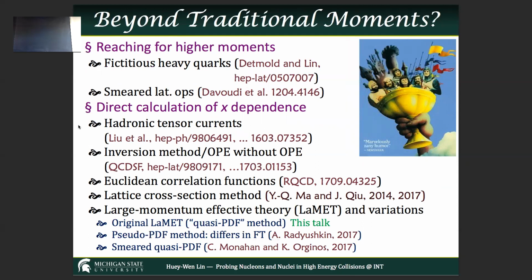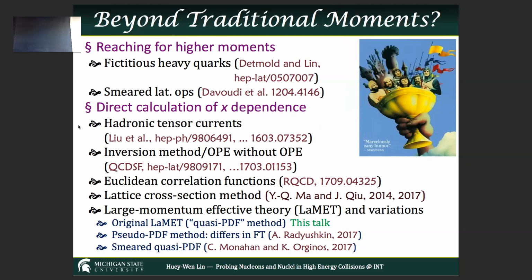And another direction is to try to calculate the direct x dependence. So you heard about the pseudo-PDF yesterday. There is also the Regensburg method. Sorry, this is QCD-SF. They have been called different names so far, but there's also another direction there. There's an Euclidean correlation function, probably called the position-space correlation function. It's from the Regensburg group.